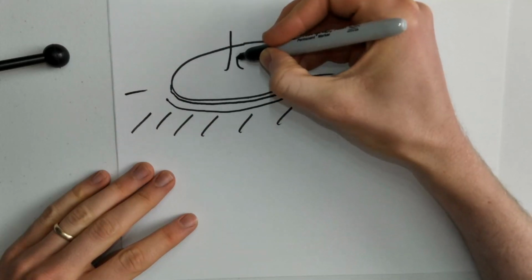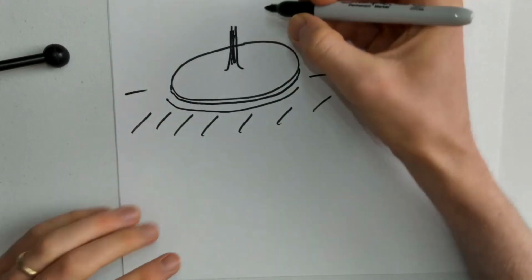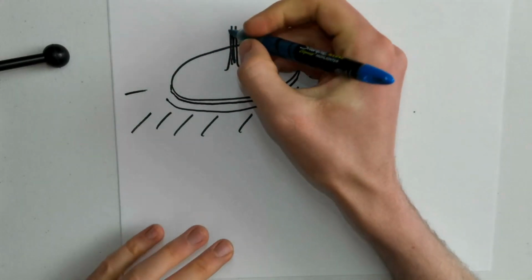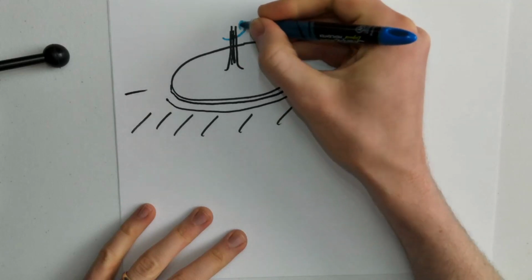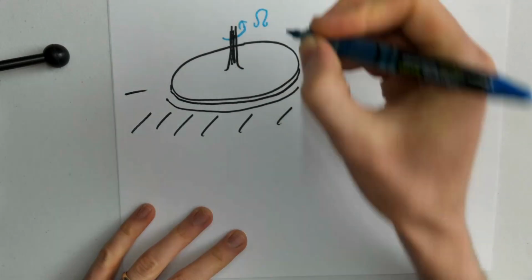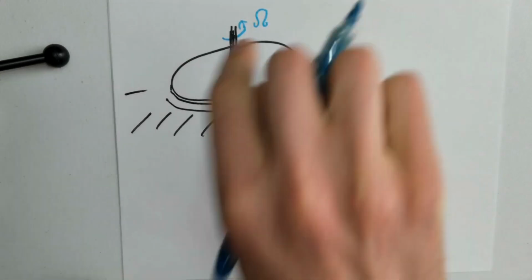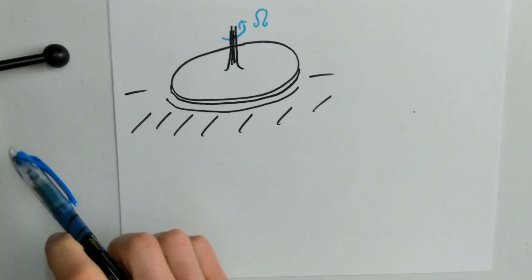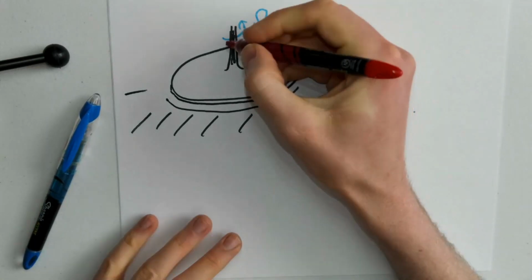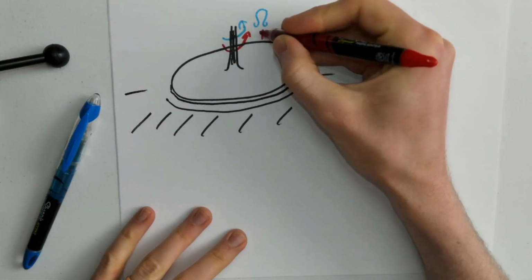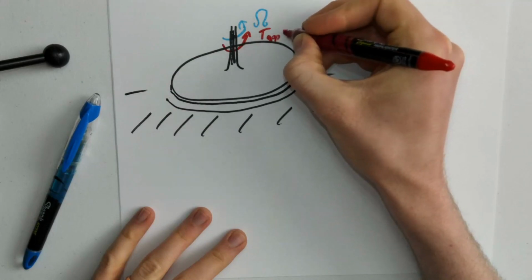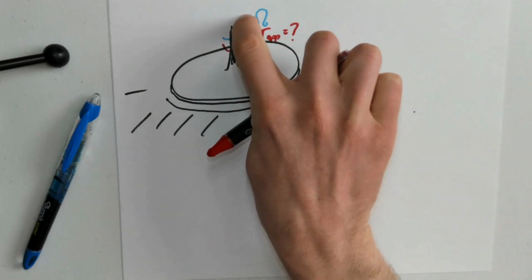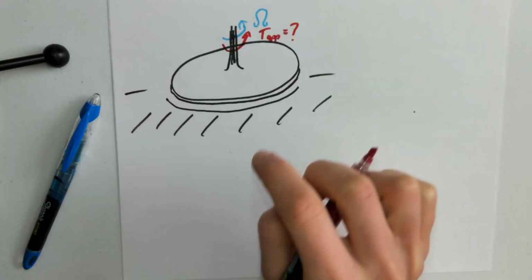The disk has some handle that sticks through, and the disk rotates at some rotation rate, capital omega. Right, so we're rotating the disk at some speed, capital omega, and we want to know what torque we need to apply to this disk in order to sustain the disk's rotation at capital omega.